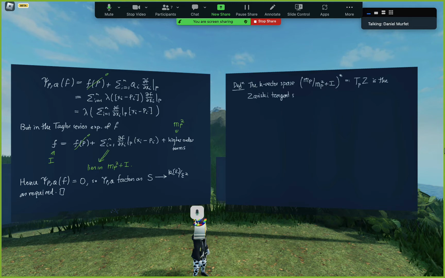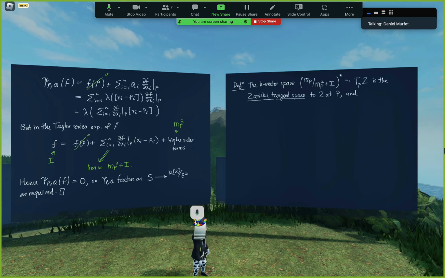Note the dual, right? So it's a bit confusing because, of course, we also have the cotangent space, but that's the dual. Hopefully the previous lemma makes clear why this is the tangent space, not its dual, to Z at P. And the dual of that, that's a finite dimensional vector space.